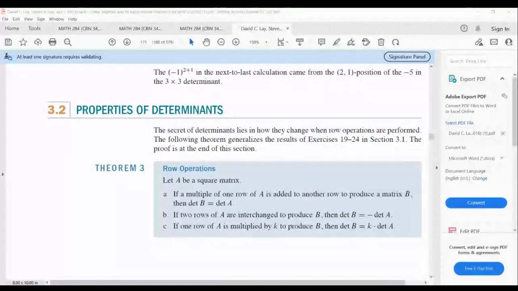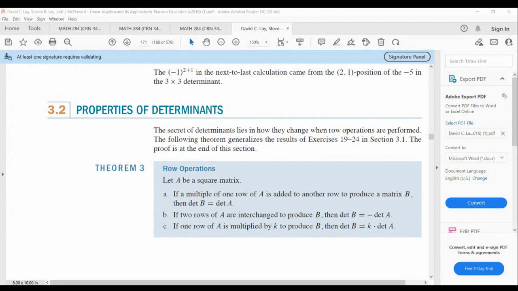Okay, so we learned in section 3.1 about how to use cofactor expansion to find a determinant of a matrix. The cofactor expansion is applicable to a square matrix of any size.